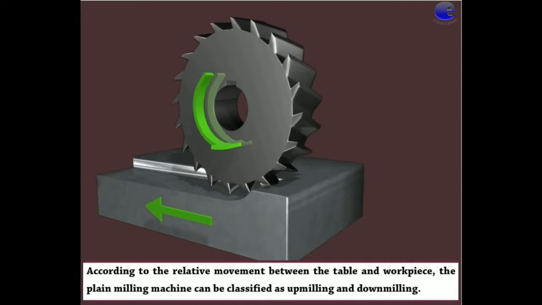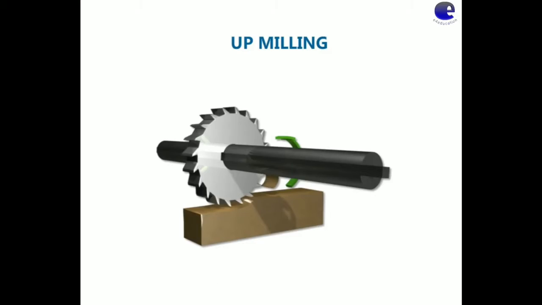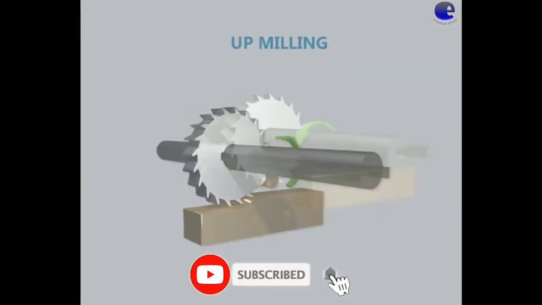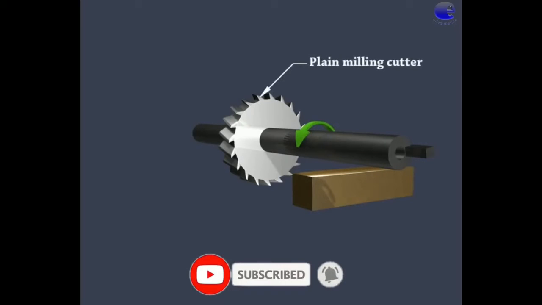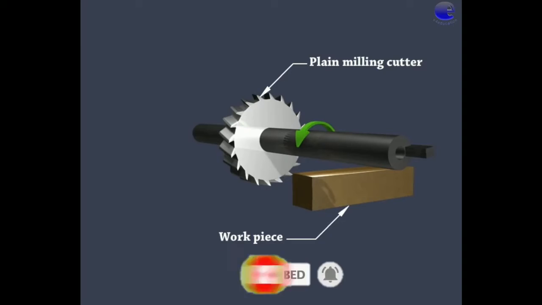Now first we have up milling. In up milling there is a milling cutter and a workpiece as shown in the diagram.